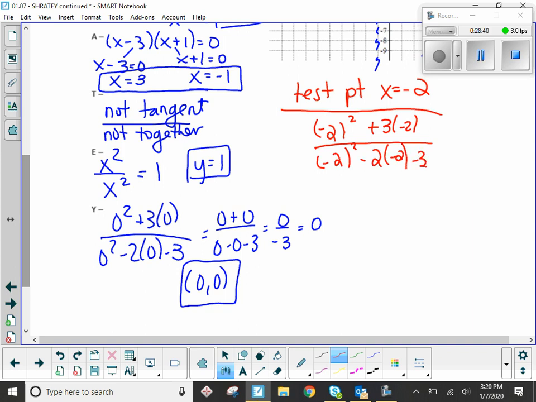And if you were so lucky as to have a friend who already did this math work for you, you would have this answer, -2/5. If you did your math fine and you handled the negatives correctly and your order of operations was spot on, you would get that. And so that would give you this test point, -2, -2/5.